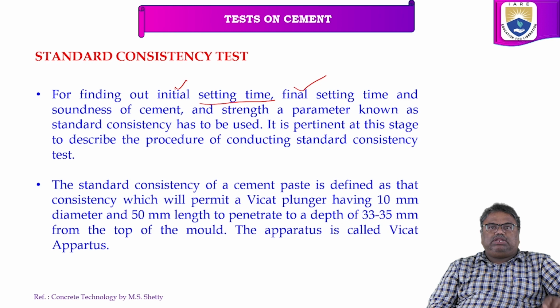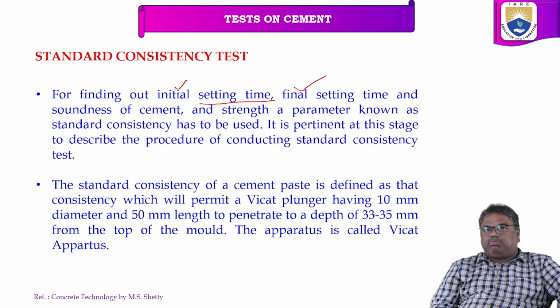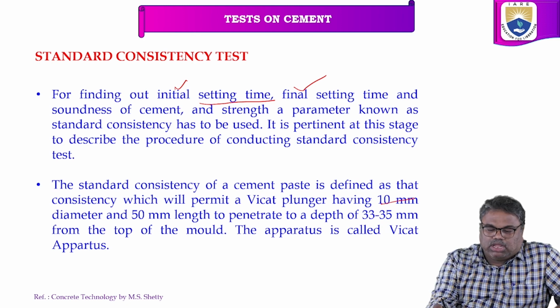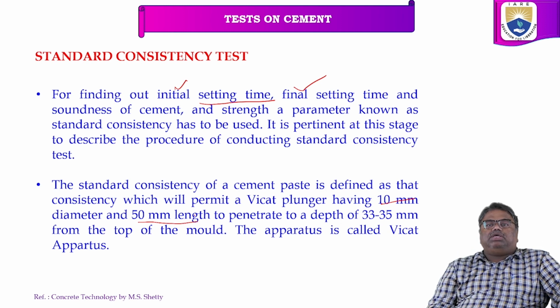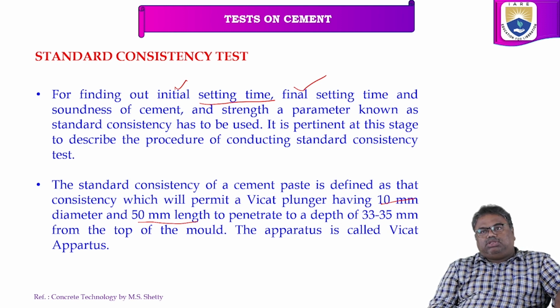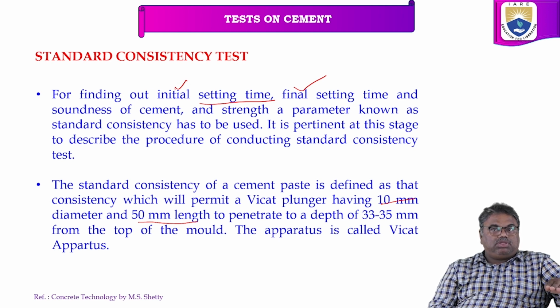For this test, we have to use the Vicat apparatus with a plunger of 10 mm diameter and 50 mm length, and it has to penetrate 30 to 35 mm from the top of the mold. So this is called the Vicat apparatus.